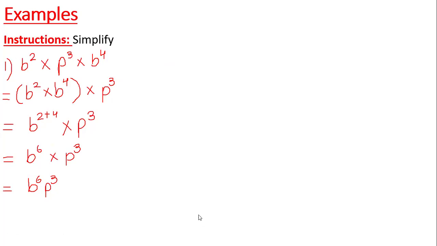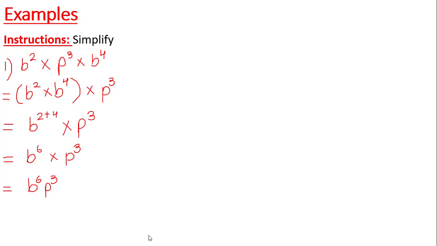Good. So can you explain how we got b to the 6 and p to the 3? First, you have to group the like terms, which is b to the power of 2 times b to the power of 4 times p to the power of 3.